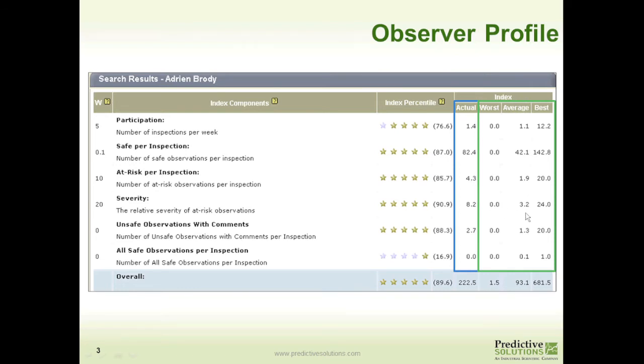His severity, the company severity is 3.2, he's at 8.2. So he's finding more severe observations, more mediums, more highs. He's putting comments with his unsafe observations, but not all of them. Of the 4.3 he collects on average, only 2.7 have comments. That could be an area of improvement. And then his frequency of all safe observations right now is 0.